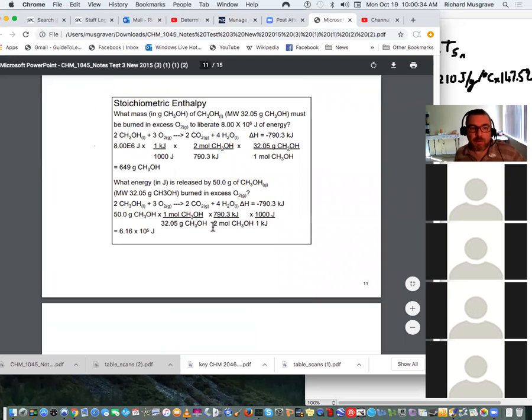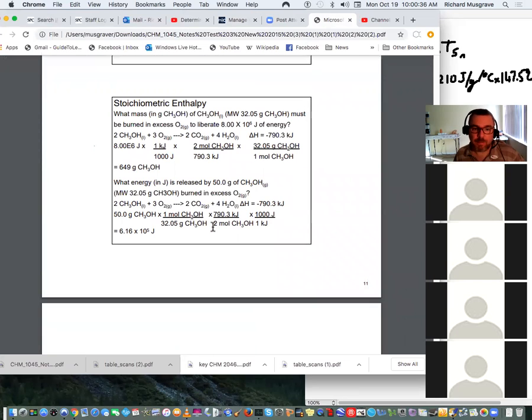The other application we have for delta H or heat of reaction is that we can use it in stoichiometric type situations as well, which allows us to determine the mass of something that releases a certain amount of energy, or starting with the mass, we can figure out how much energy something releases.